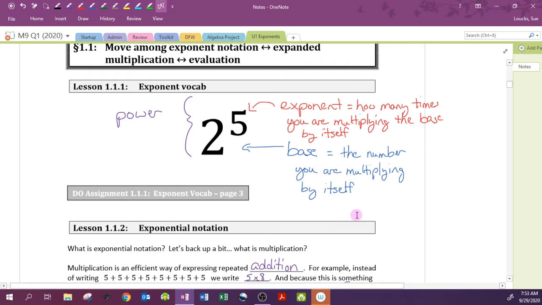Okay, so 2 to the 5 means 2 times 2 times 2 times 2 times 2, 5 times. 1, 2, 3, 4, 5.